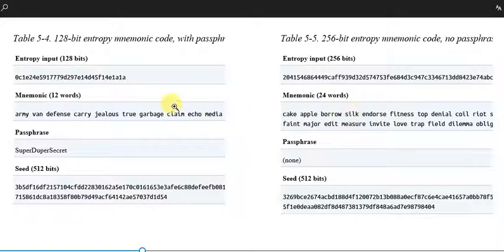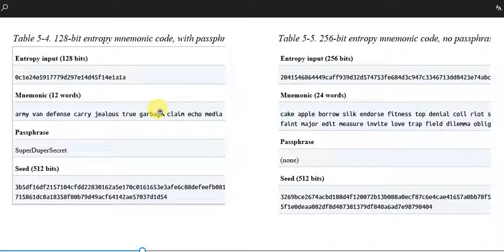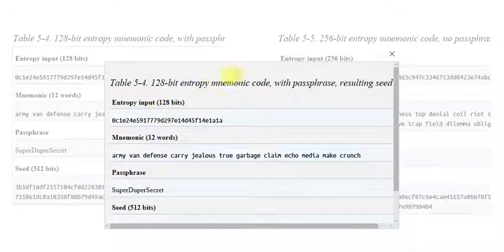Table 5-3. 128-bit entropy mnemonic code, no passphrase, resulting seed. Entropy input, 128 bits: 0C1E24E591779D297E14D45F14E1A1A.